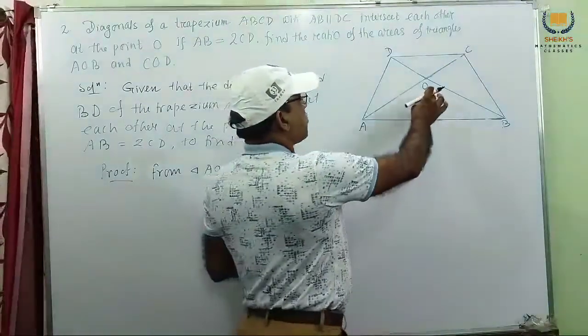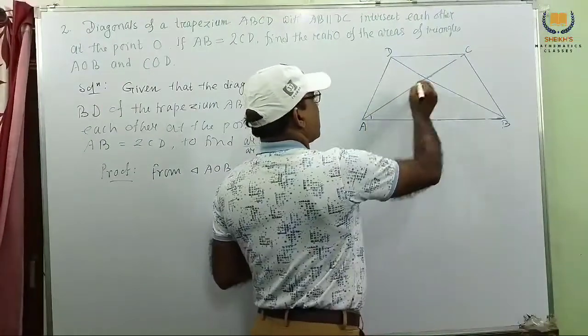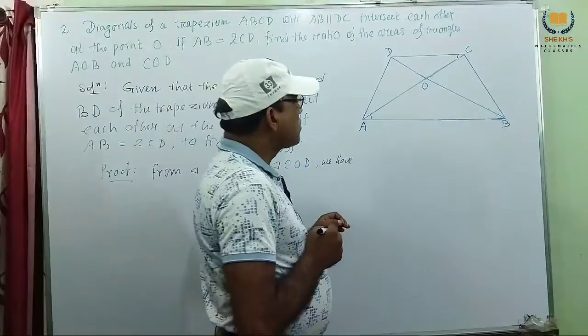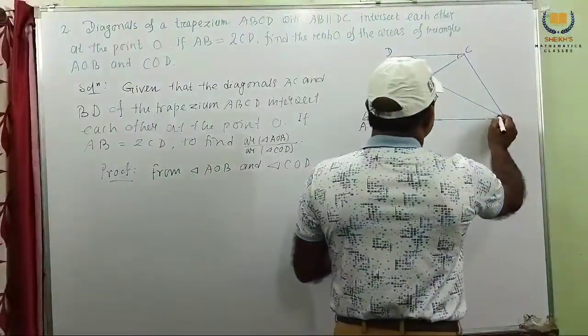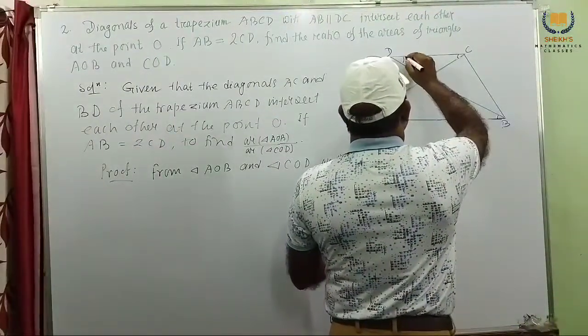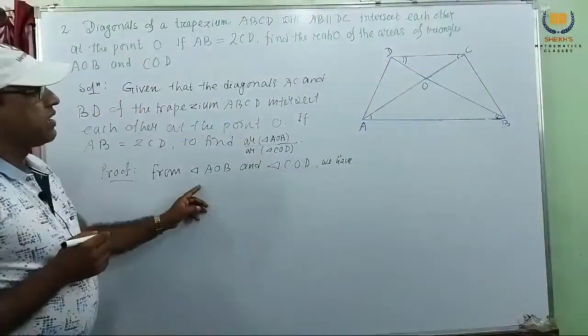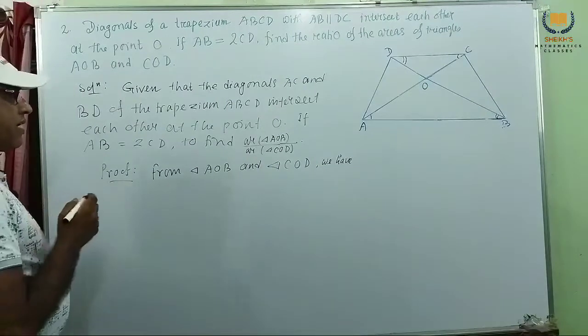So we can write this angle and this angle are equal, and also this angle and this angle are equal.